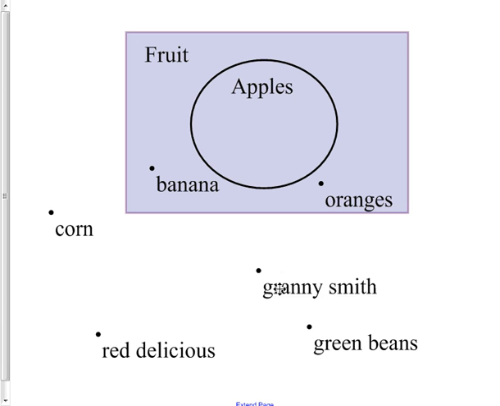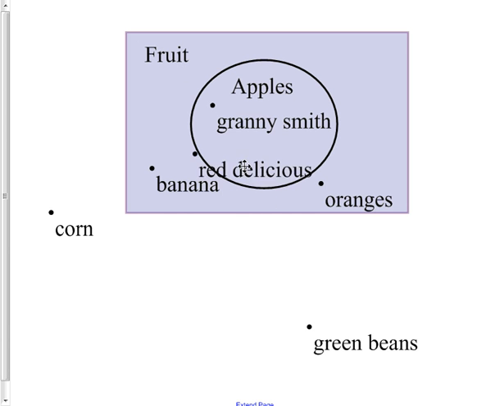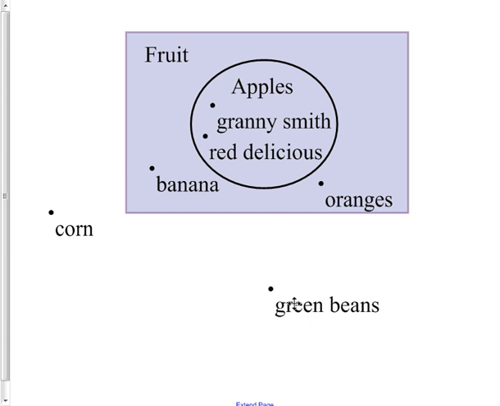A Granny Smith is a type of apple, so I'm going to put that in the apple circle. So this is saying a Granny Smith is a fruit. It's also an apple. A Red Delicious is another style of apple, so that's going to be in the apple family. And then green beans, those are not fruit, so they're going to stay on the outside. So these are some examples of how you might set up an Euler diagram.